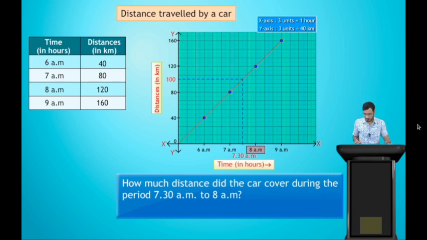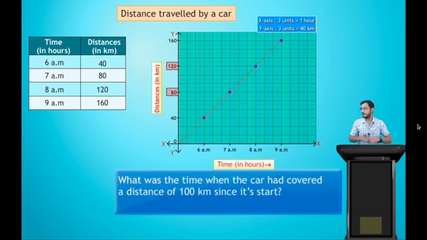So the difference between 120 and 100 is 20. So during the period 7:30 a.m. to 8 a.m. the car traveled 20 kilometers. 120 minus 100, 20 kilometer.